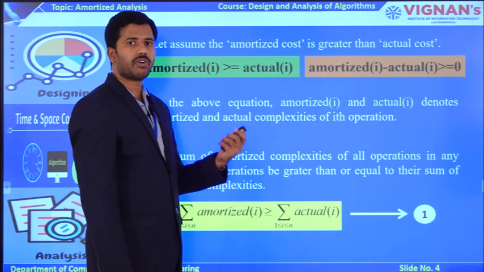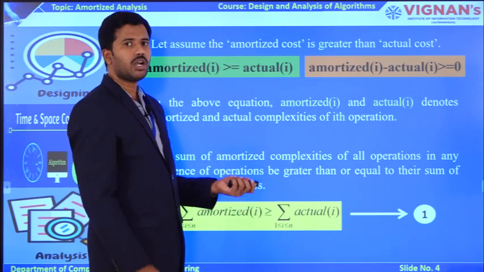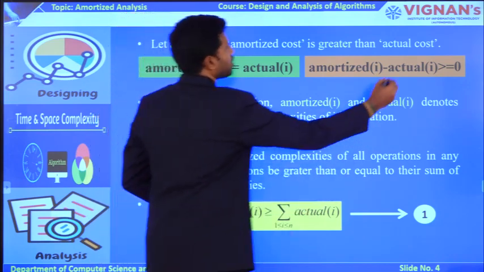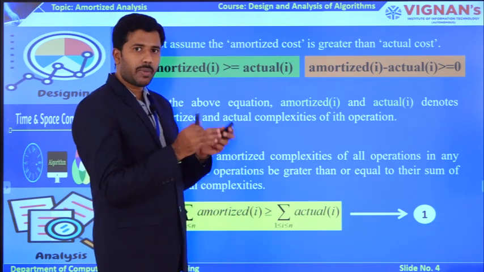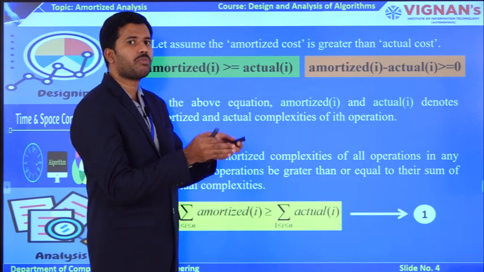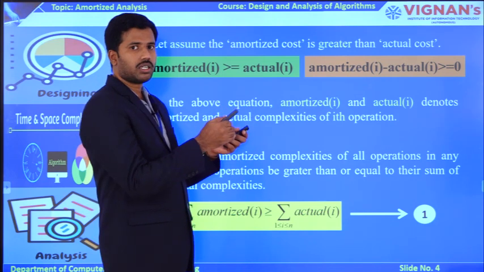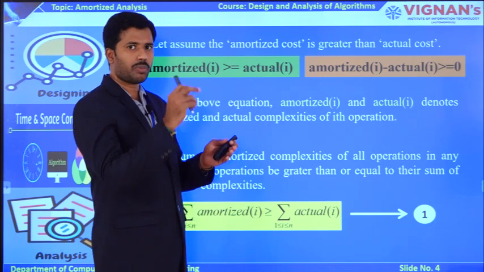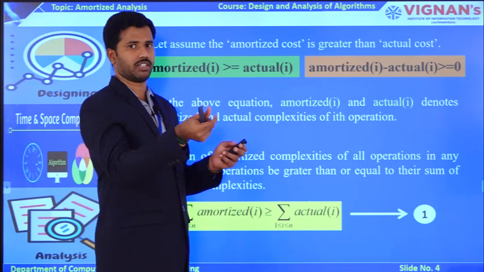First of all, why do you require a potential function? Based on that potential function only, you can find out the differences between amortized cost as well as actual cost, so that you can understand the dependencies between the current instruction cost as well as the previous instruction cost. Okay. So in the previous discussion, we have seen one example, right? I1, I2, D1. Because of that D1, my entire time complexity of the algorithm is affected.